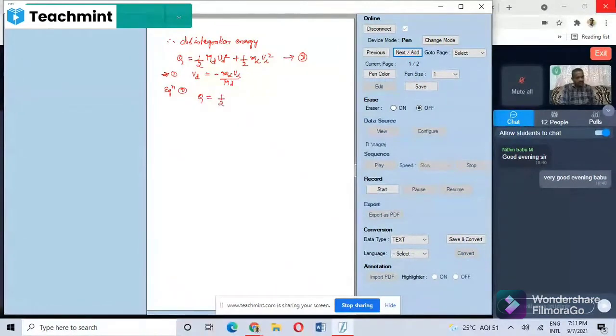half M_D times V_D, which is minus m alpha V alpha divided by M_D, whole square, plus half m alpha V alpha square.